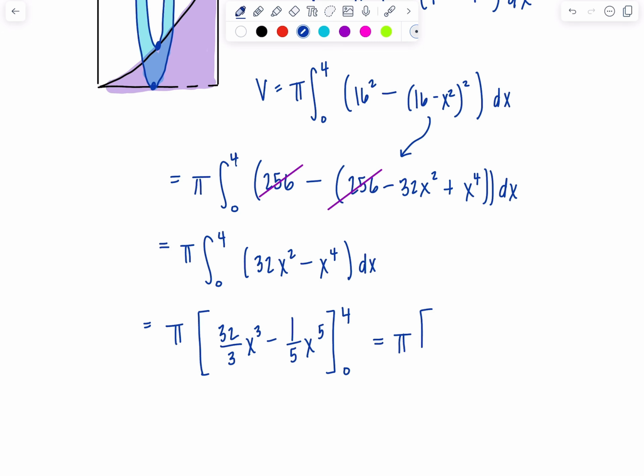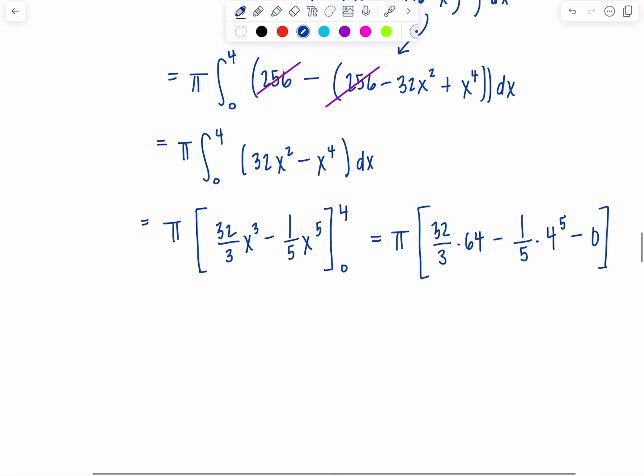So pi times, this is going to be 32 over 3 times 4 cubed, that's 64, minus 1/5 times 4 to the 5th, and then minus lower limits 0. And then you can clean this all up. You should get 7,168 pi over 15.